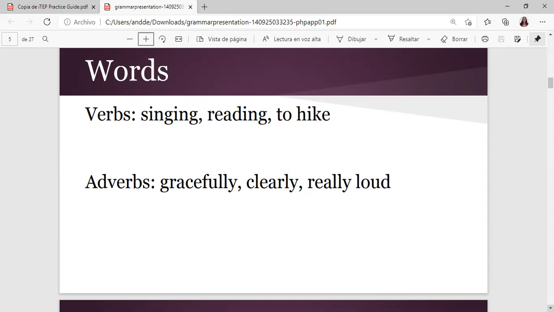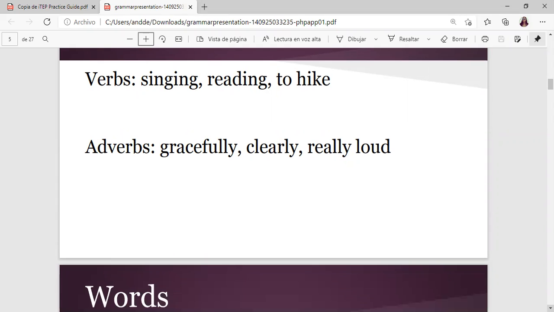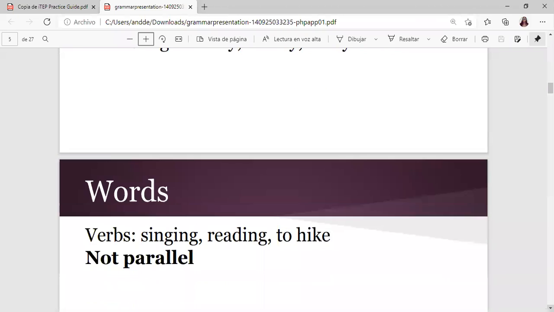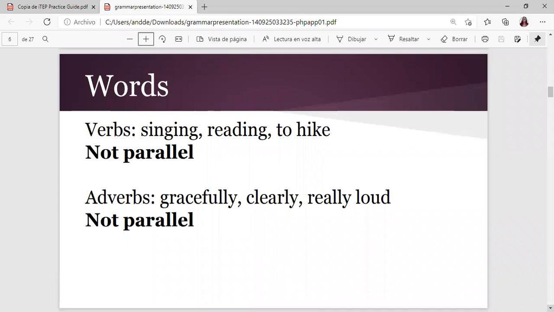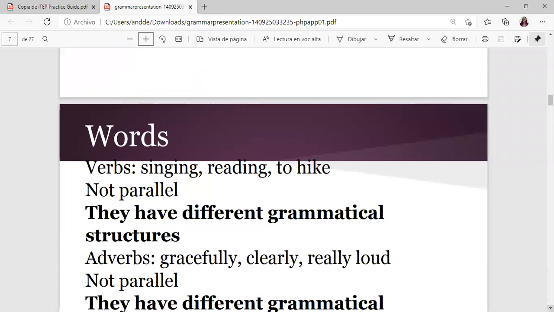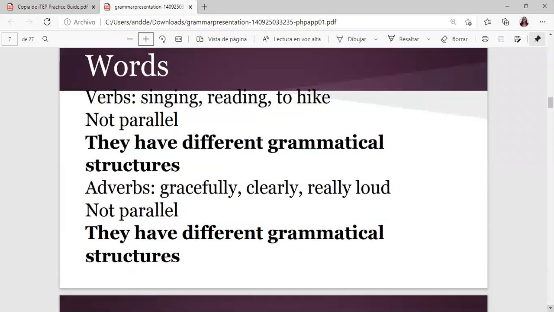Here you can see the disagreement. Singing, reading, to hike is not parallel. Gracefully, clearly, and really loud is not parallel. It is because the verbs singing, reading, and to hike have different grammatical structures.